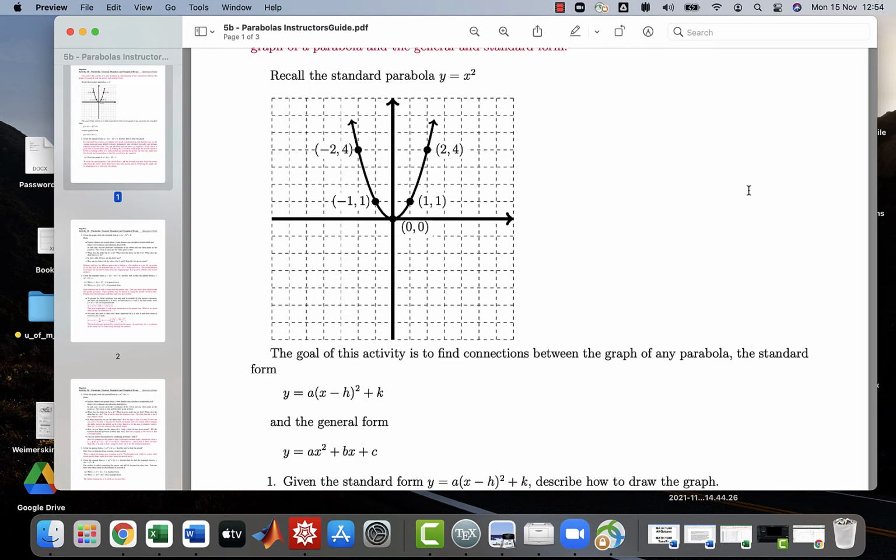So we'll do this activity on Thursday, November 18th, then Tuesday, November 23rd is the time for quiz I-5. Quiz I-5 is we're going to show you the picture of a parabola. You need to write its equation.